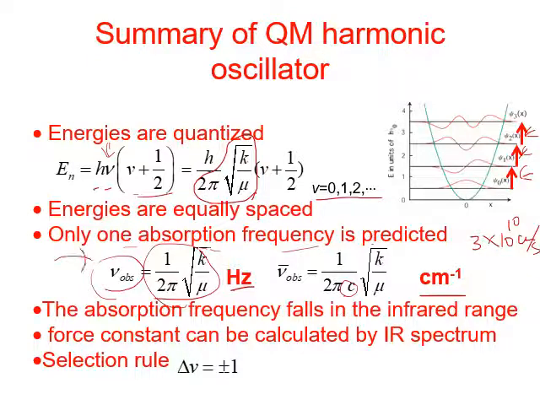Using these two equations, you can calculate the force constant if we can measure the frequency of the light that can be absorbed. Selection rule 1 is delta V equals positive or negative 1, and therefore the absorption can only happen between adjacent energy levels. The second rule is that the dipole moment of the molecule must change during the vibration.